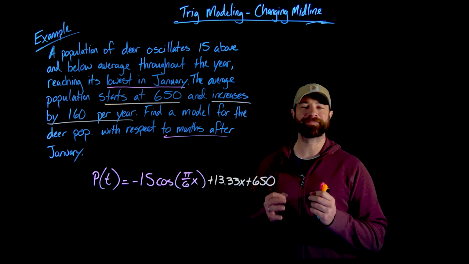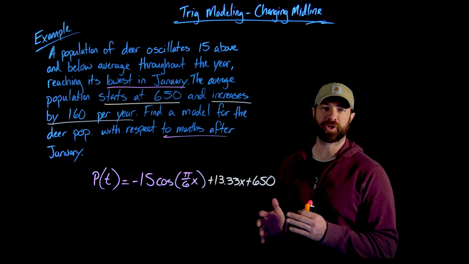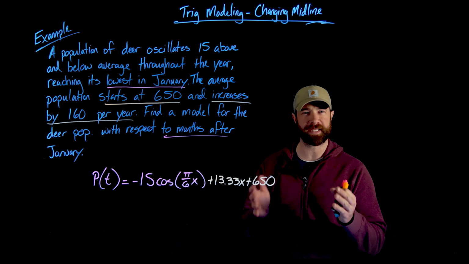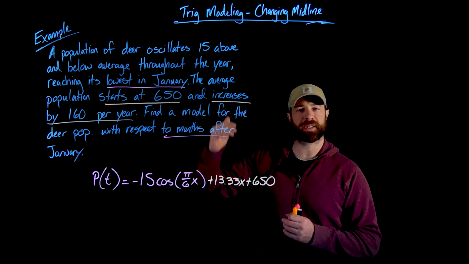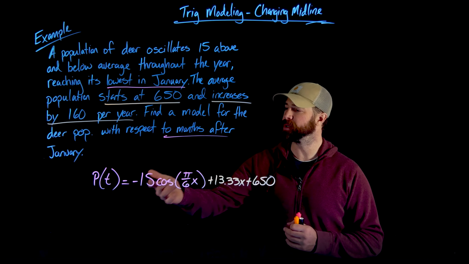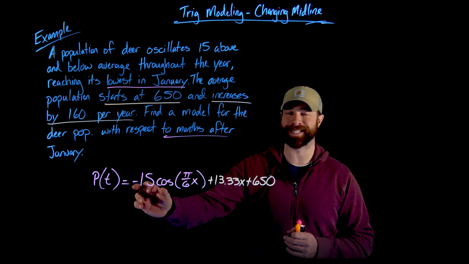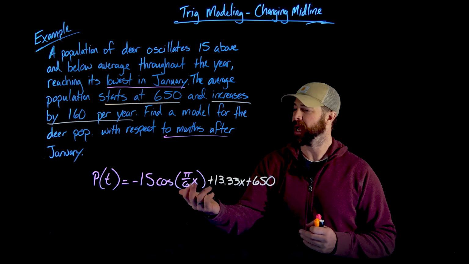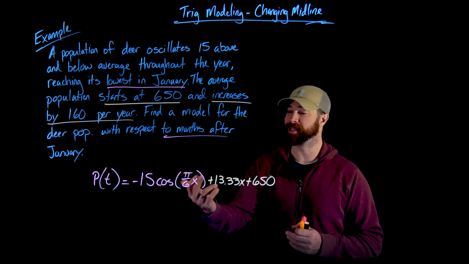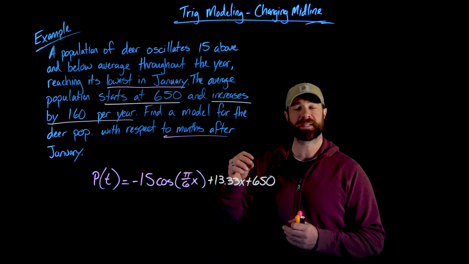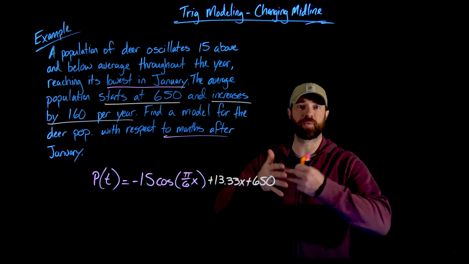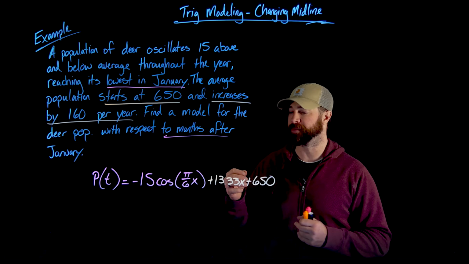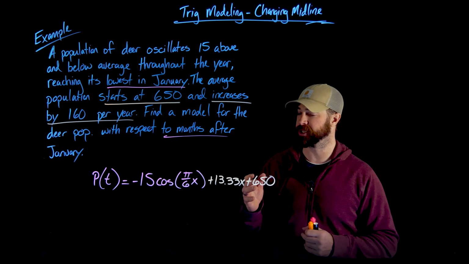It's important to say that this might feel a bit intense at first to be looking at, but it's important to parse this into separate terms. We have the oscillation bit that has to do with how much it's going up and down. Also, this is controlling when it's at its minimum, when it's at its maximum, and how often it oscillates. This pi over 6, again, makes it so we have a period of 12, meaning in 12 months, we've reached a full cycle of this deer population as far as the oscillation goes.